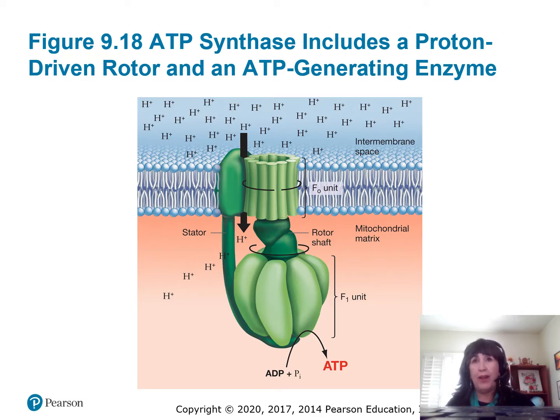All of the hydrogens on one side of the membrane, and the only way that they can come across is through, the only gateway is through ATP synthase. So as the protons start cascading down, then it's going to spin this F1 unit. And as it spins, look at what's going to happen. Inorganic phosphate is going to be reconnected to ADP, and that is going to form ATP.